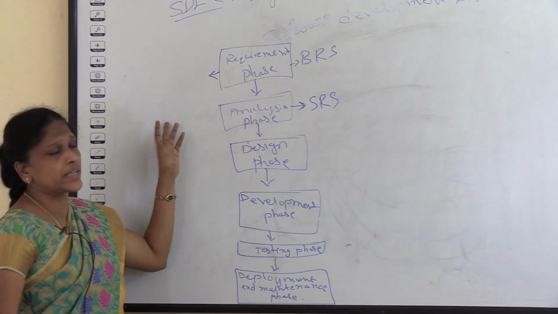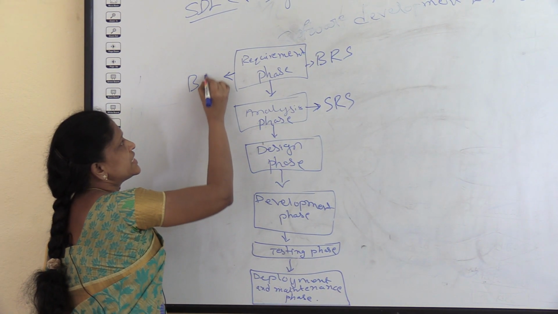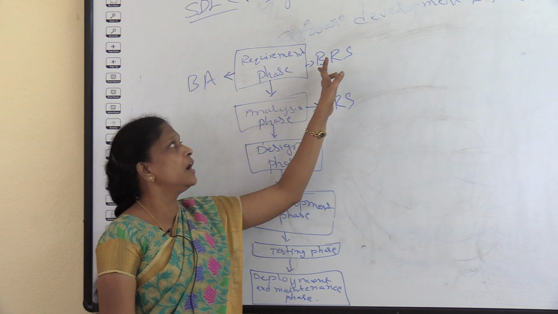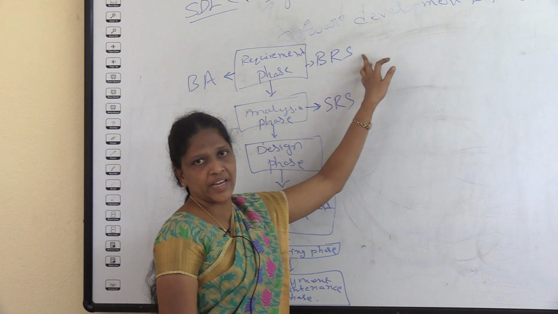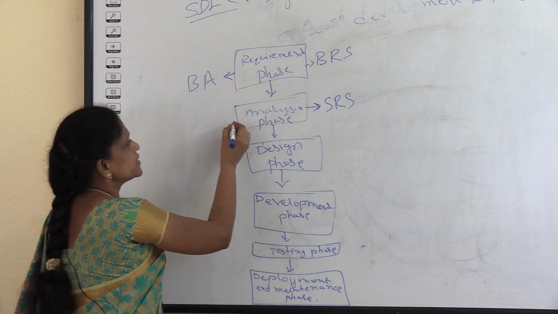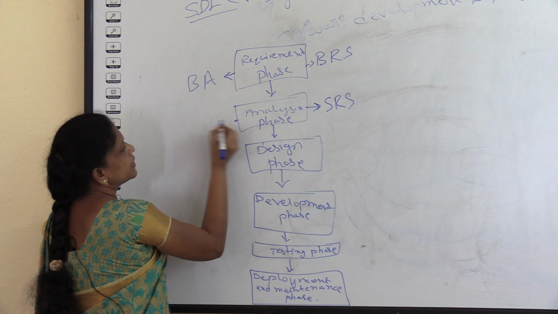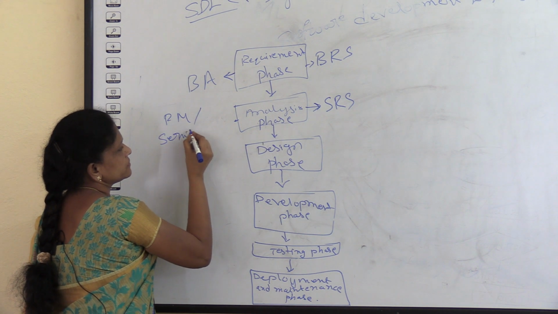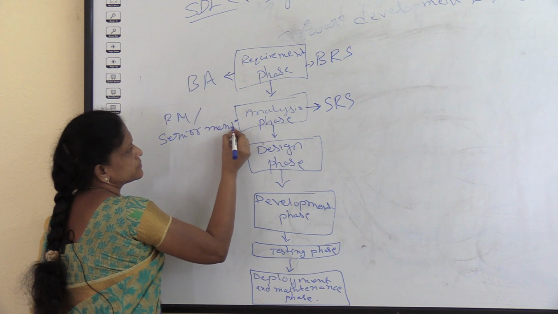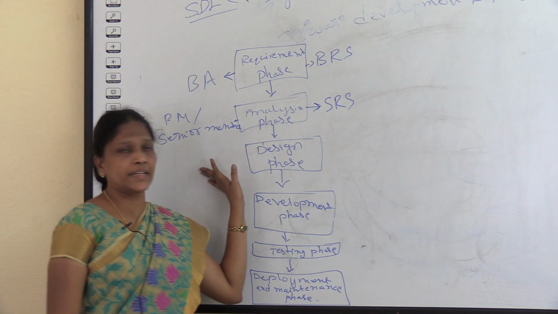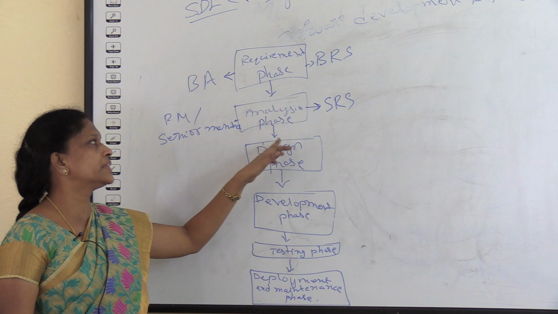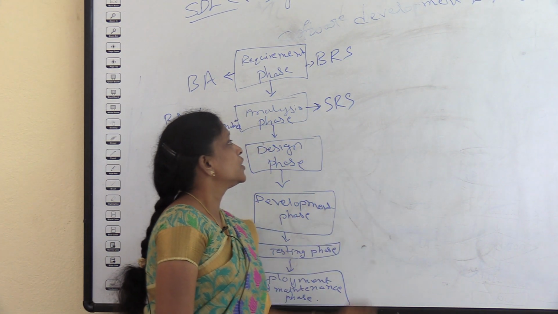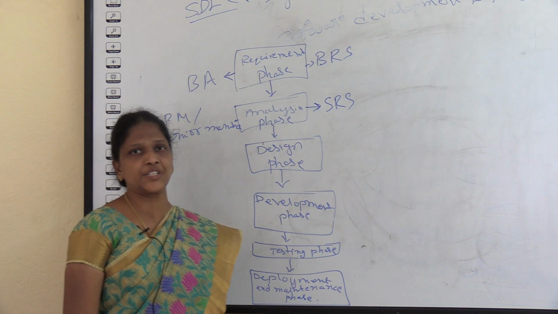In the requirement phase, business analyst people are involved and they prepare the business requirement specification document. In the analysis phase, analyst people, meaning the project manager or senior members, are involved and they will prepare the SRS document, means software requirement specification document.